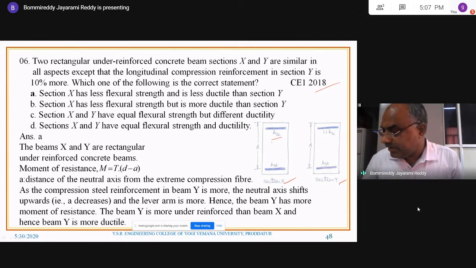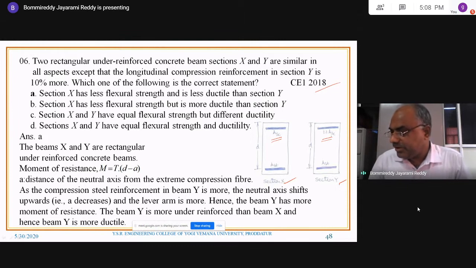One case it is ASC, another case it is 10% more ASC. Which one of the following is the correct statement? Section X has less flexural strength and is less ductile than section Y.